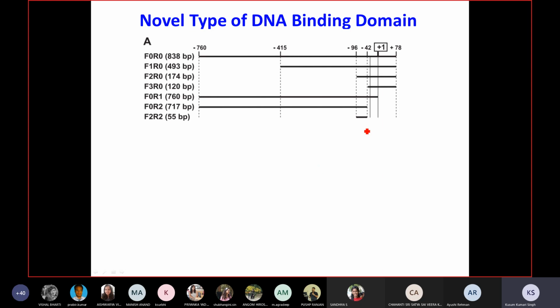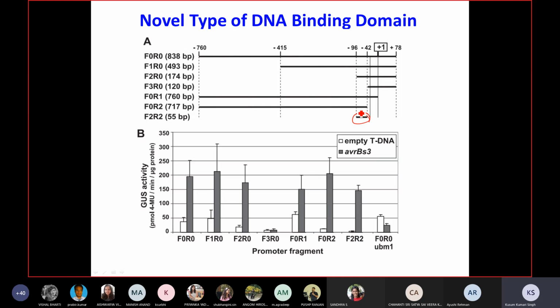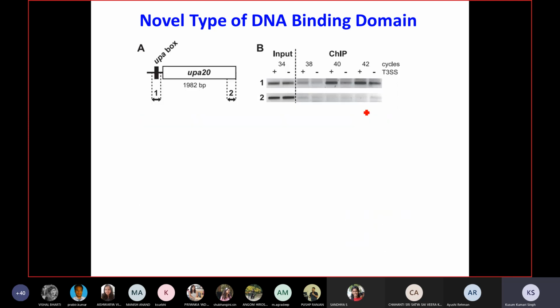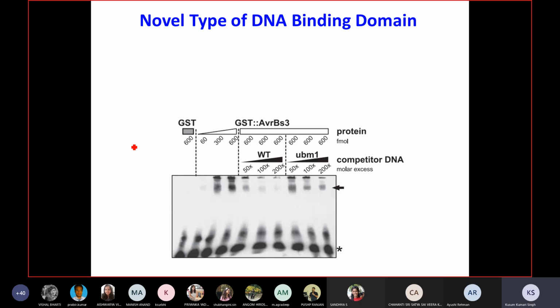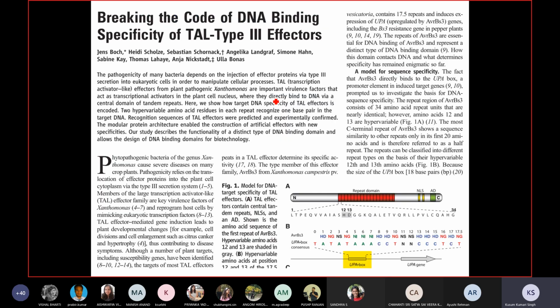Then they were able to check which is the minimal region of the promoter sequences. All this we have seen in our last lecture. The close observation showed them that there are always corresponding repeats as well as sequences. That means the UPA box binds with your repeated sequences.